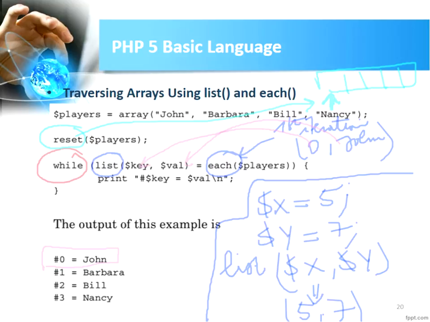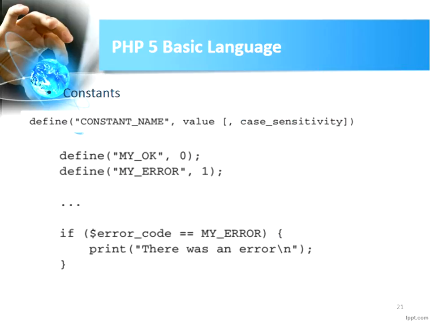List assigns a list of variables in one operation, and each returns the current key and value pair from an array. So in the first iteration, each returns 0 and John. Any questions about this slide?